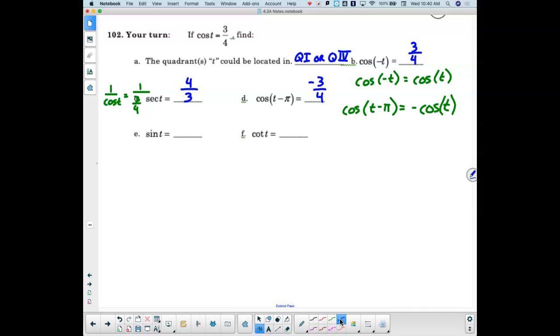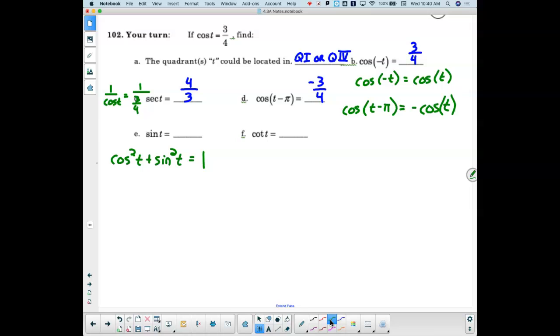Sine of t. Well, how am I going to find sine of t? Hammer. Yep. So cosine squared plus sine squared equals 1.